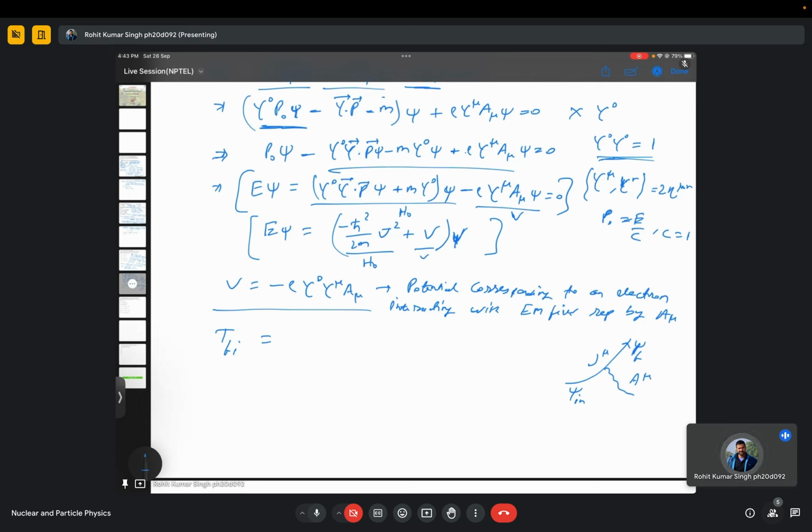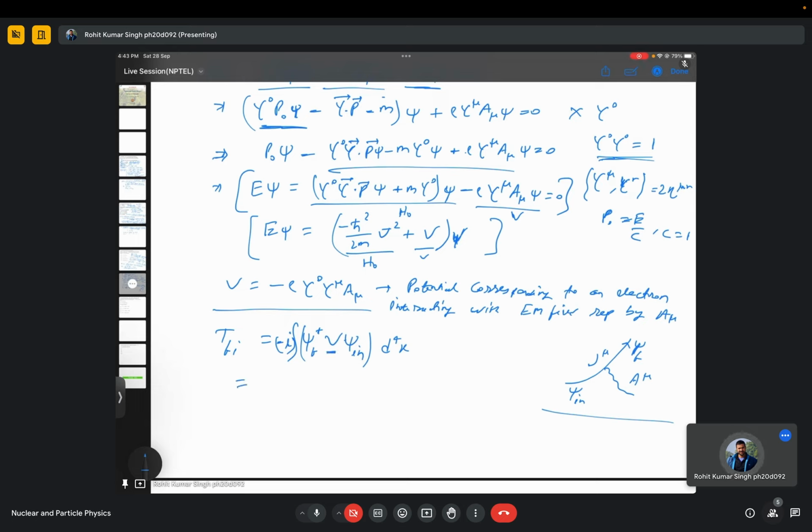So the transition amplitude for this process is given by this, right? So you have the incoming and then the potential. This is simply from the quantum mechanical picture, integrated over all space. There is a constant factor of i.